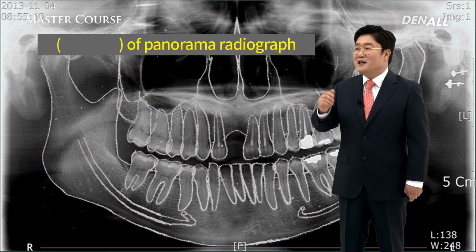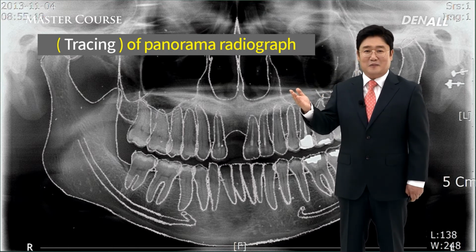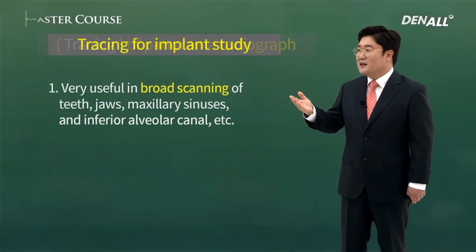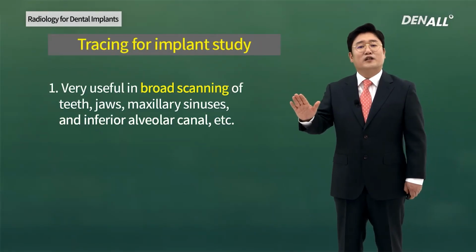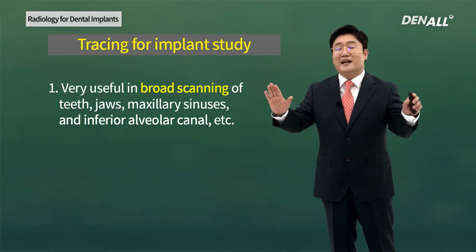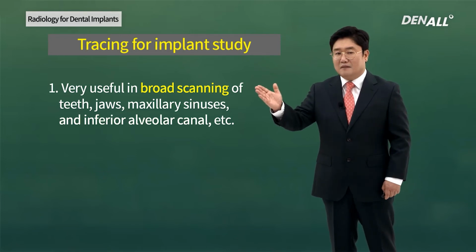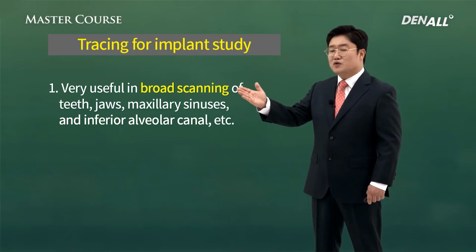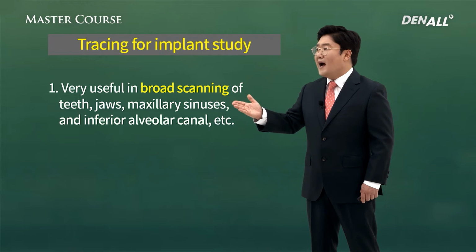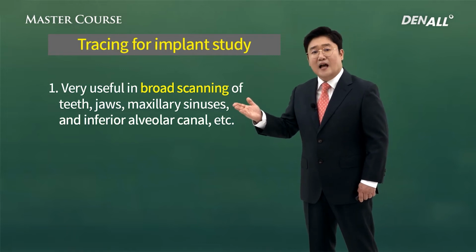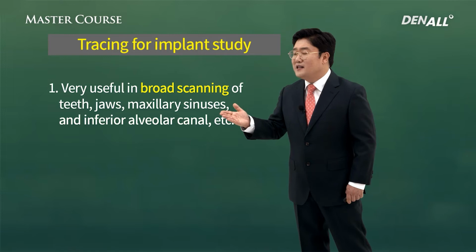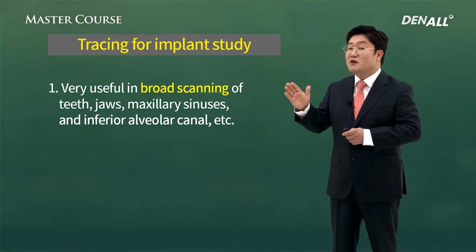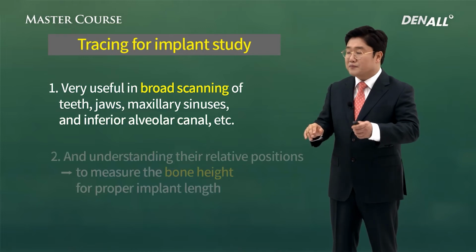It's called tracing of panorama radiograph. Through the tracing process, through panorama, broad scanning results from panorama, we could identify teeth, jaws, maxillary sinuses, and inferior alveolar canal. The locations were identified, or relative relations were identified as well.